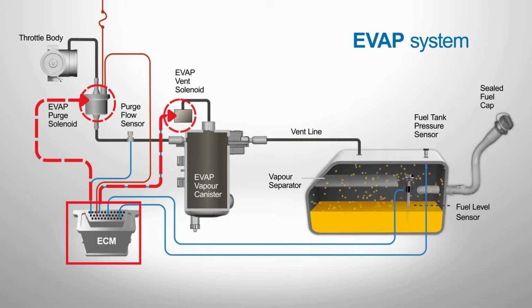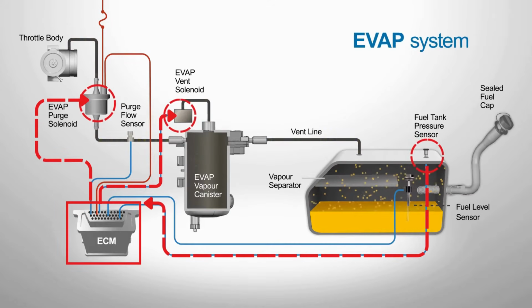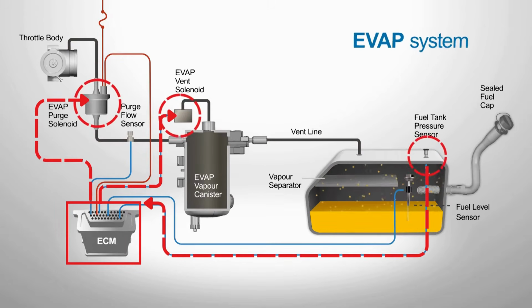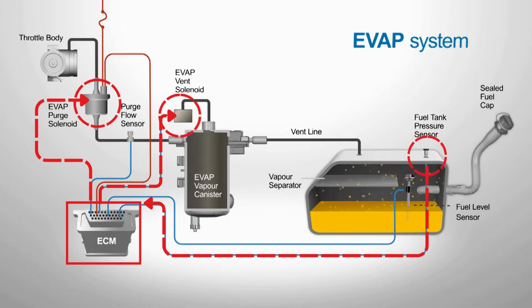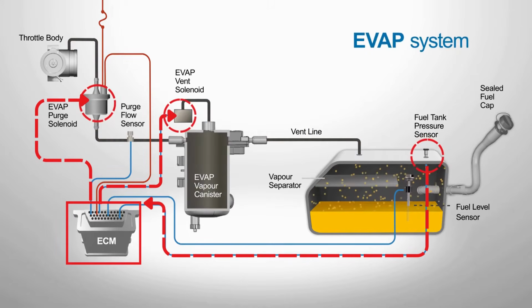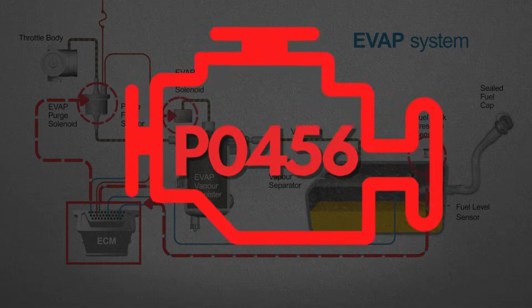This seals the system and allows the ECM to monitor it for any pressure changes if the car is parked, or vacuum loss if the car is running. If the ECM detects a drop in pressure or vacuum that exceeds acceptable limits, it assumes there's a leak somewhere in the EVAP system. Depending on the size of the leak, the ECM stores a specific code. A small leak is recorded as P0456.